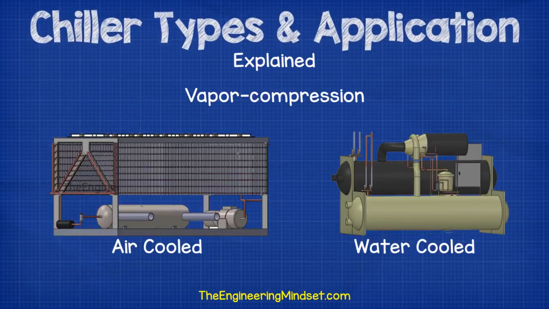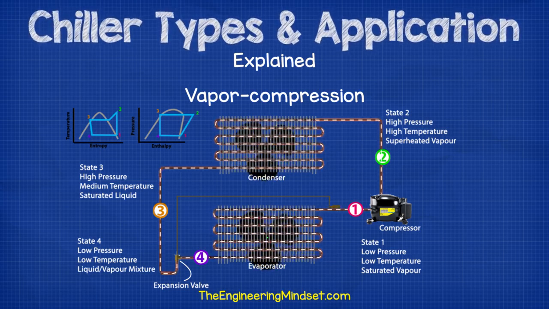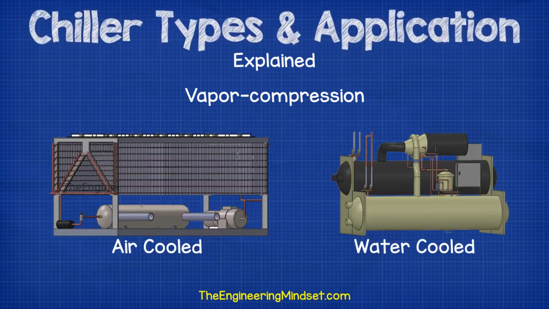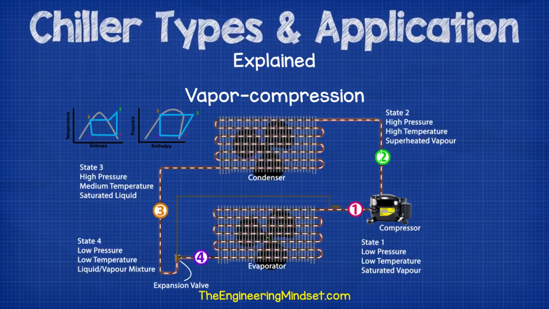Coming back to vapor compression chillers, the two main types we said were air-cooled and water-cooled. Both types of chillers have the same essential components, which are the evaporator, the compressor, the condenser, and the expansion valve. When we talk about air or water-cooled, this simply refers to the way in which the unwanted heat is ejected from the building via the chiller's condenser. The working principle for both is essentially the same.